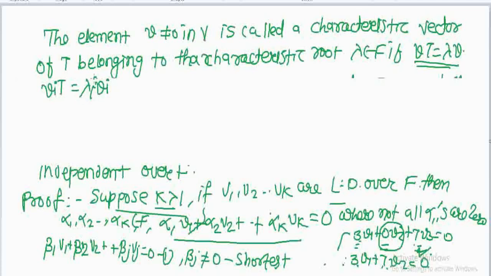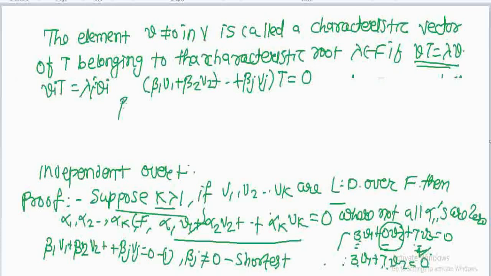Now apply T to equation number 1, beta 1 V1 plus beta 2 V2 plus beta j Vj equals 0.